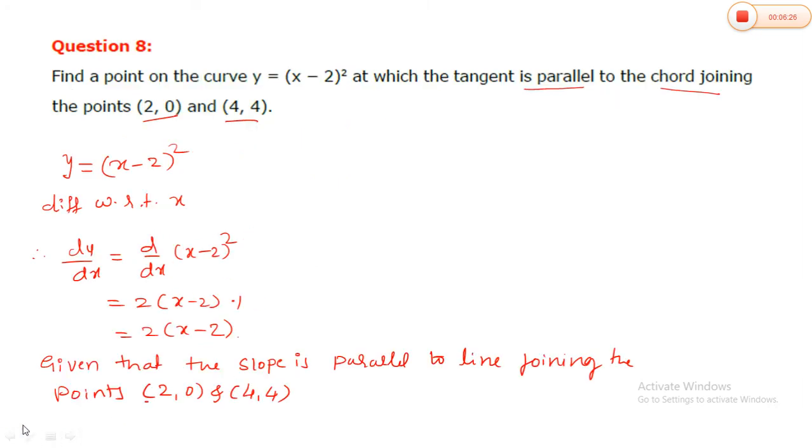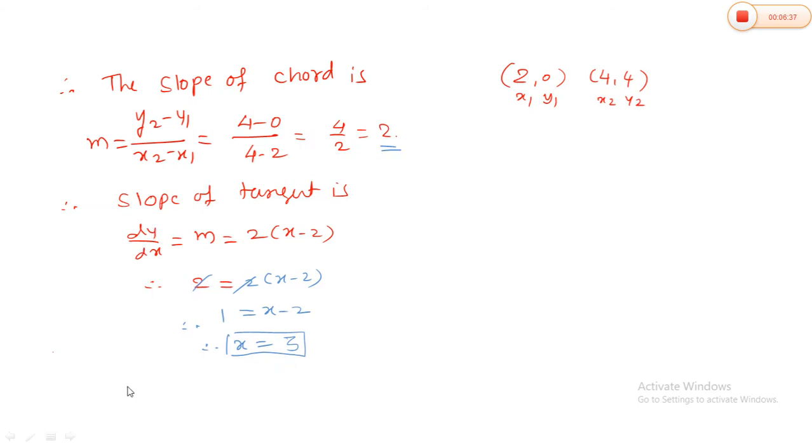To find the value of y, put x equal to 3 in the given equation: y equal to (x minus 2) whole square, so (3 minus 2) whole square, which equals 1.